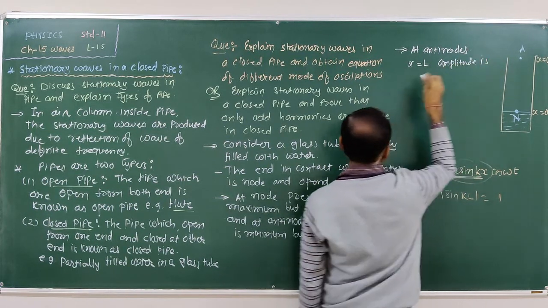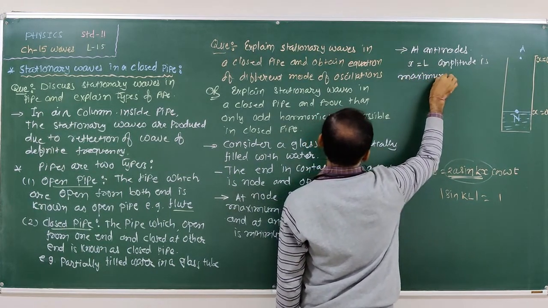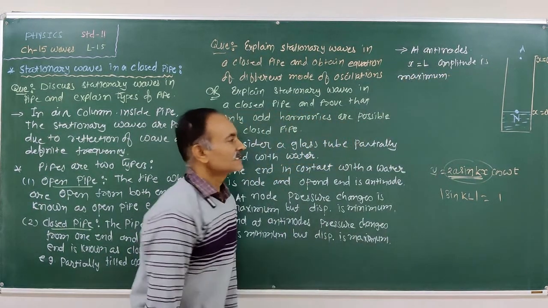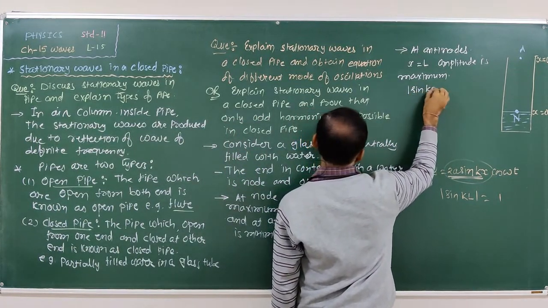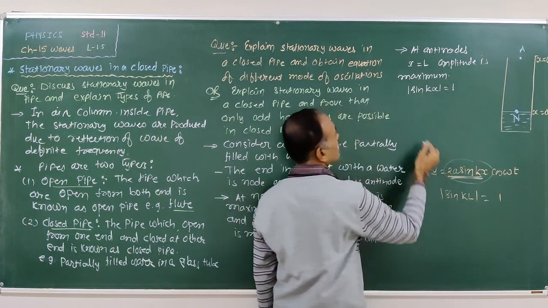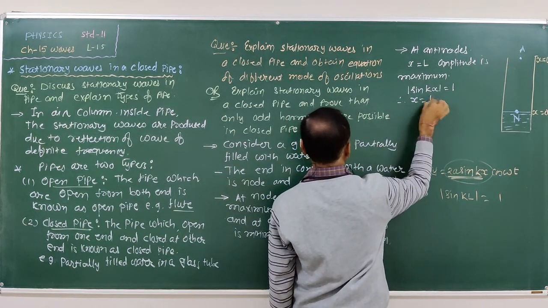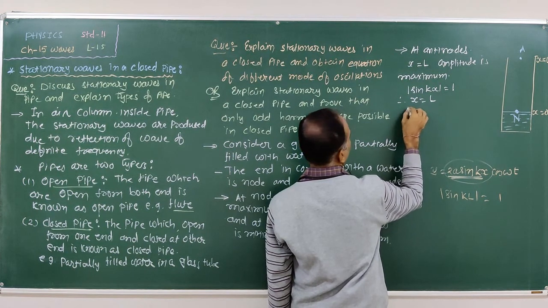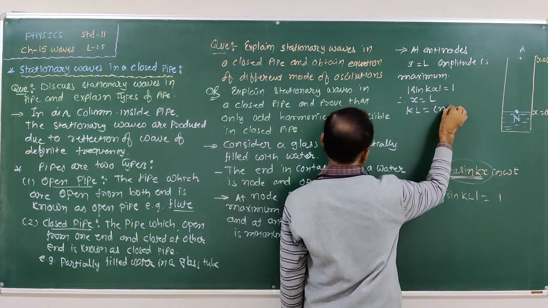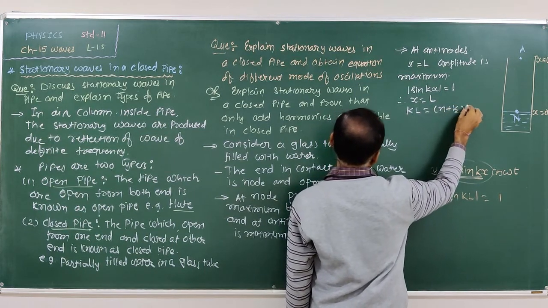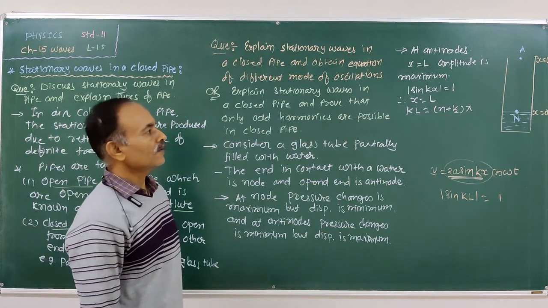Therefore, sin kx is equal to 1. Therefore, taking x is equal to L, kL is equal to n plus 1 by 2 into pi.